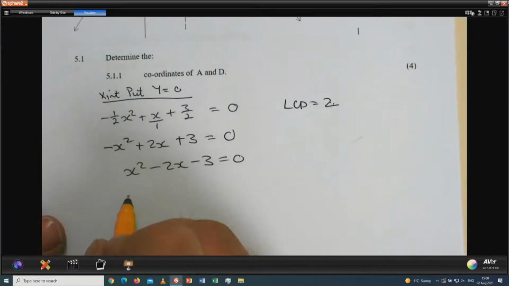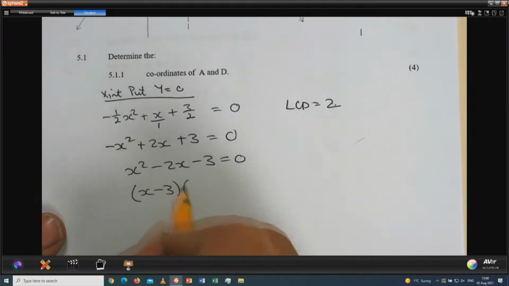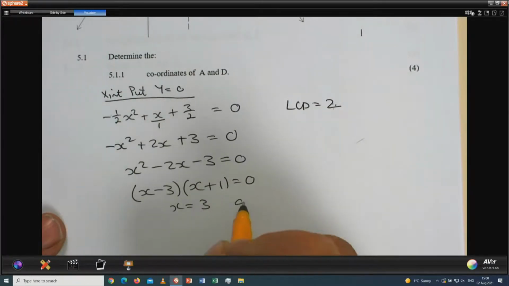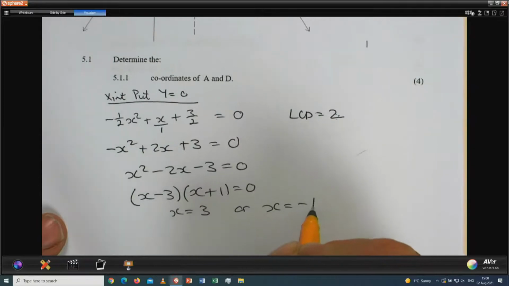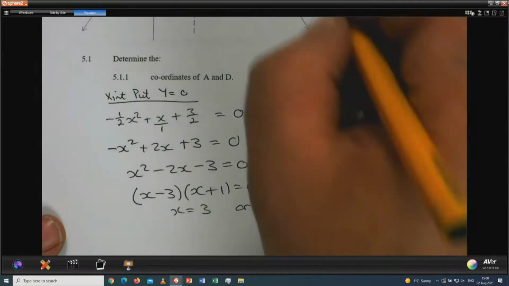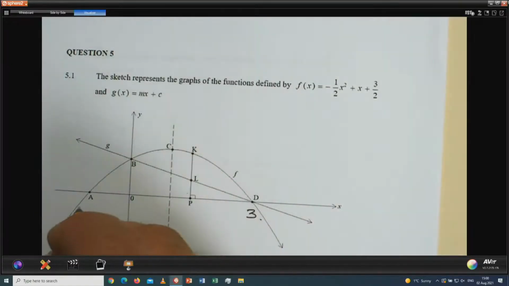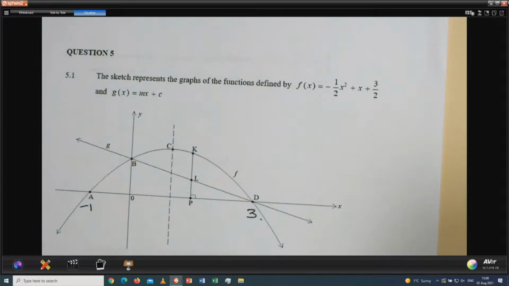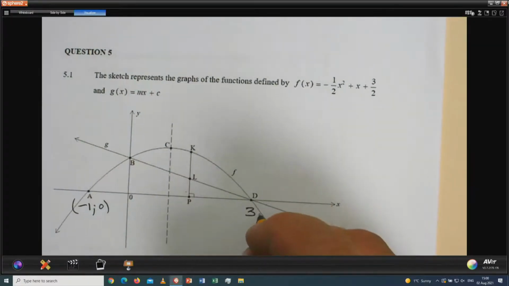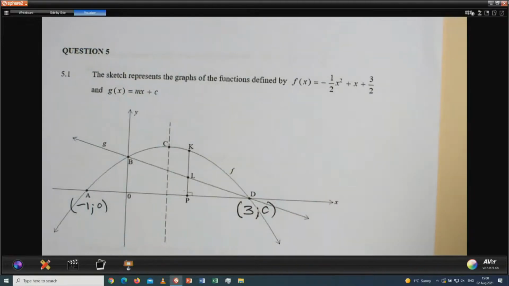So here we're going to say it is x minus 3 and x plus 1 is equal to 0, x is equal to 3, or x is equal to negative 1. Right. So in this case we can say D is 3 and A is negative 1. The coordinates of A is negative 1, 0, and the coordinates of D is equal to 3, 0.